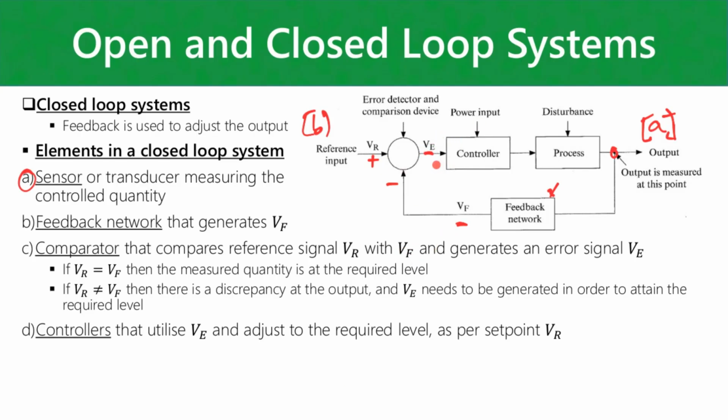Based on the value of the error, your controller makes the necessary adjustments to your process, and it will output again and be measured again. So this will continuously correct itself till the error is 0. And when the error signal is 0, that's when your feedback and your reference voltage are equal to one another.